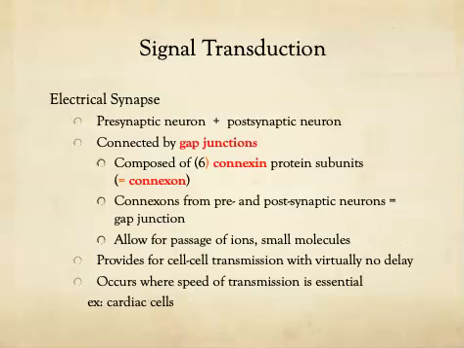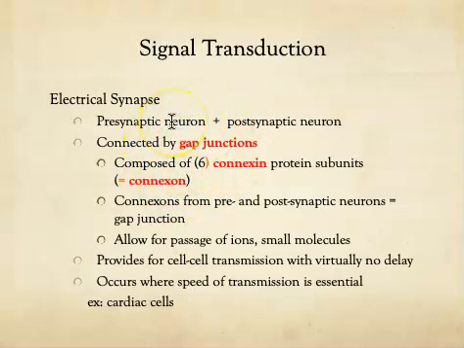Now, at an electrical synapse, those two neurons are going to be connected to each other through structures called gap junctions. Gap junctions, like the name suggests, are connecting points between the membranes of two cells that are built in a way to encourage things to pass through them, through the gap.